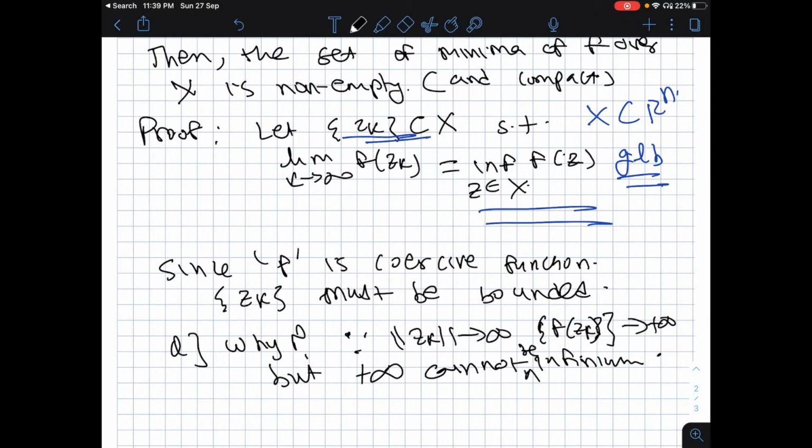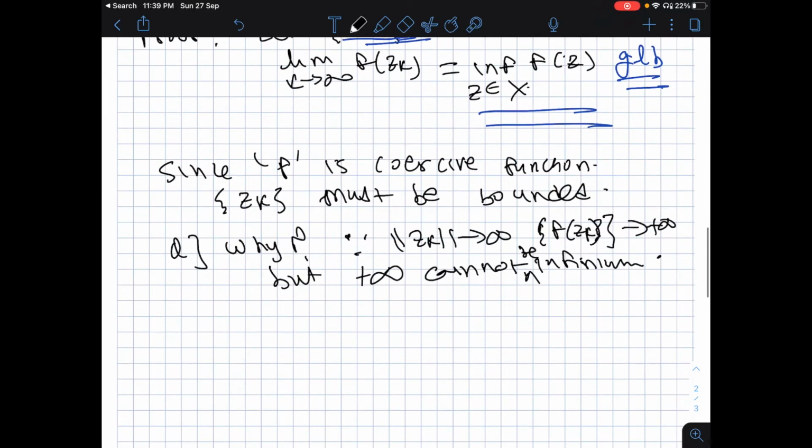Infimum could be minus infinity, come on, but it cannot be plus infinity. Supremum can be plus infinity. So therefore we can easily now say that z_k must be bounded.